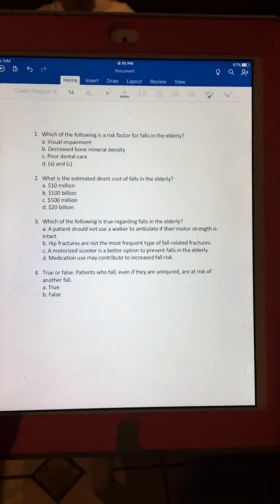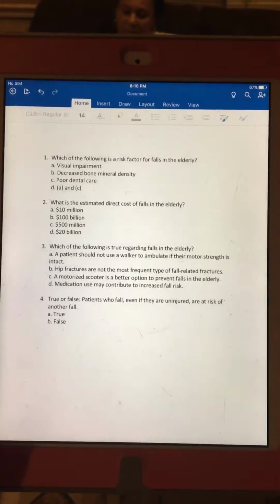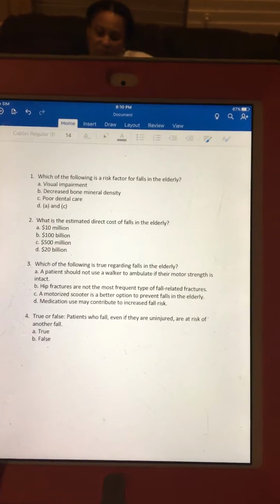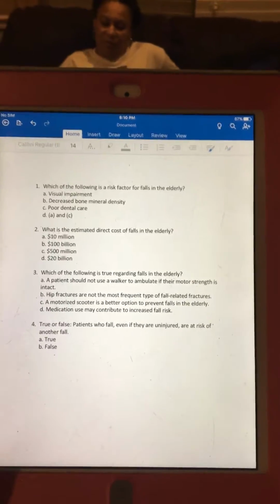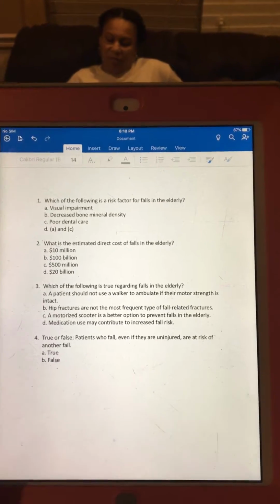Okay, we'll start with number 1. And number 1 says, which of the following are risk factors for falls in the elderly? A, visual impairment. B, decreased bone mineral density.